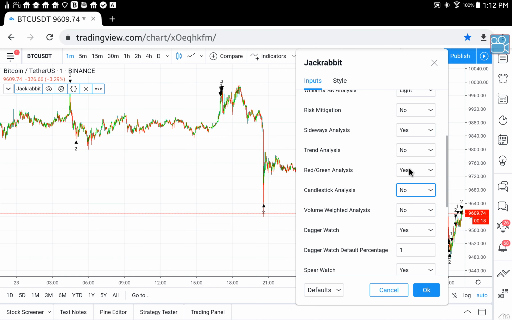And red-green analysis. And finally, I'm going to turn off sideways analysis to get a big picture of just how drastic these charts are going to change. And this information is important when you're looking for various signals.